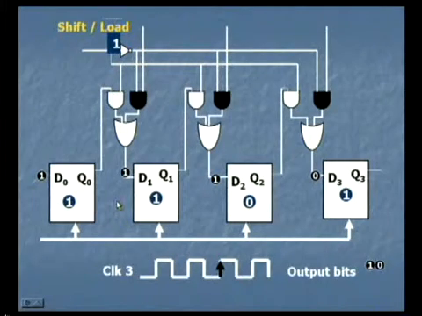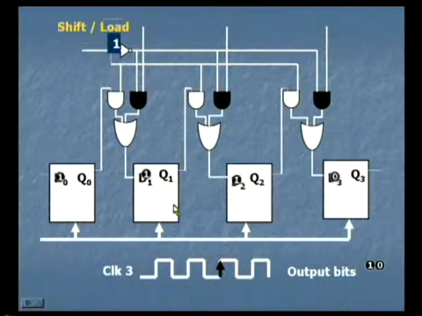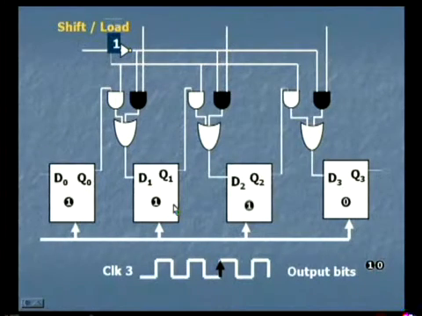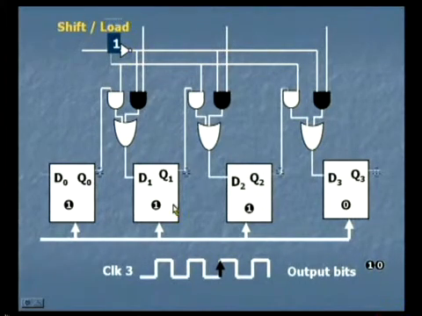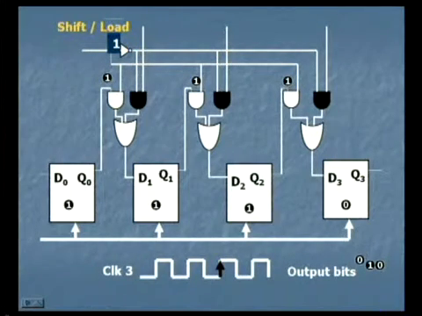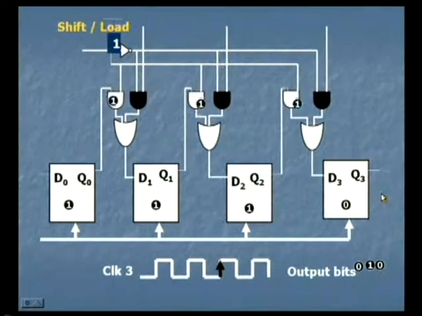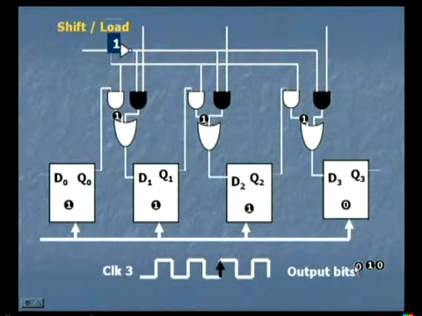On the third clock pulse, you can see that the data bit 1 is contained in this and others are contained in this. On a similar basis, these data bits are stored and their outputs are sent to the AND gates. These AND gates will send them in turn through the OR gate, whereas the last output has sent the last bit out in serial fashion.